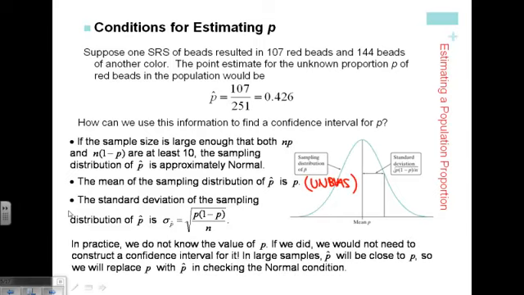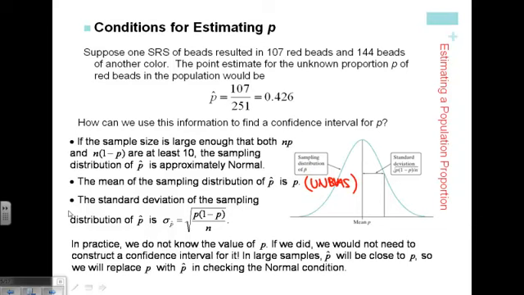Okay? Now, here's where we're going to deviate from a formula. What's the difference between p and p hat? p is the whole population, and p hat is a statistic.